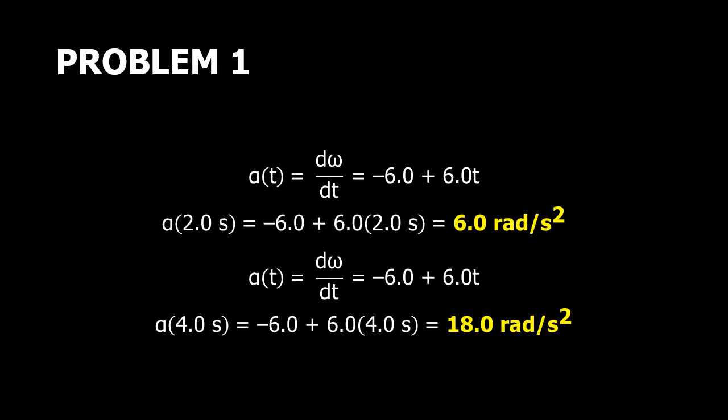So we recall that angular acceleration is the second derivative of your angular position or d squared theta over dt squared. So in other terms, pwede rin natin siya i-define as the first derivative of your angular velocity with respect to time. So since alam naman natin yung angular velocity function natin, pwede naman yun na lang gamitin.